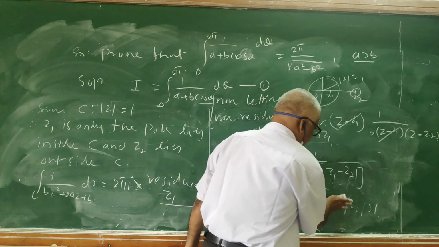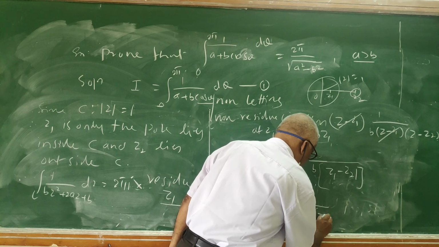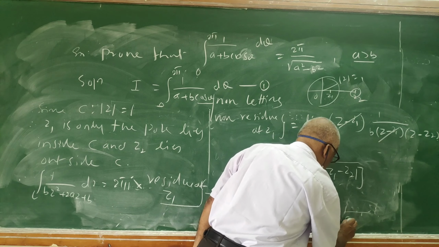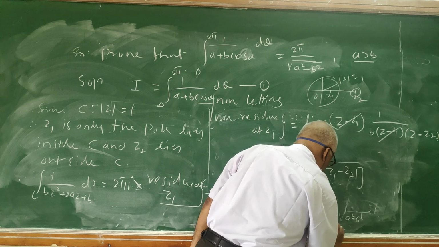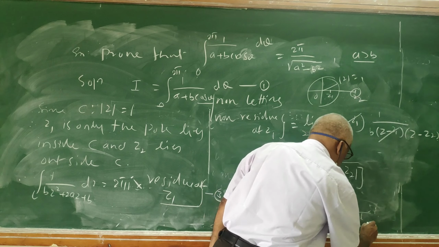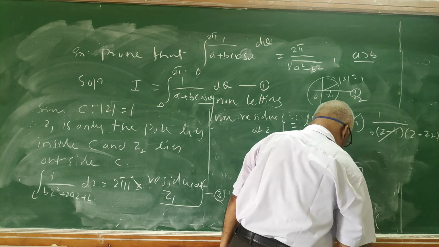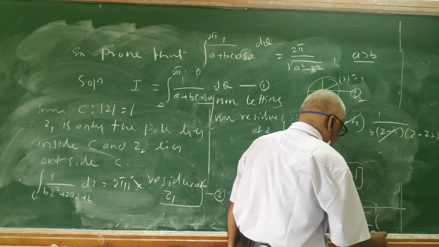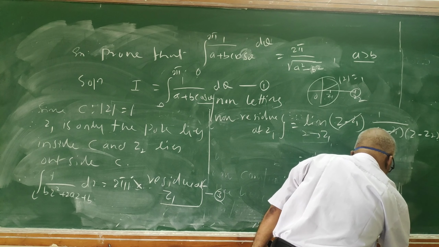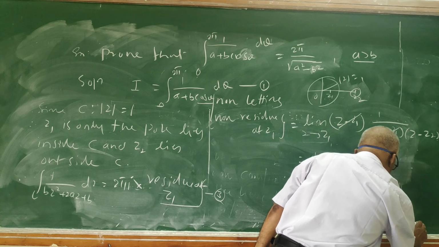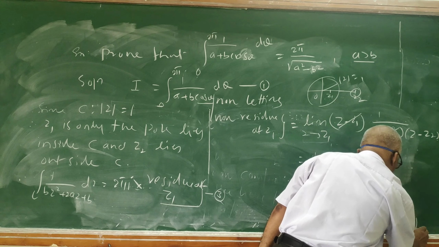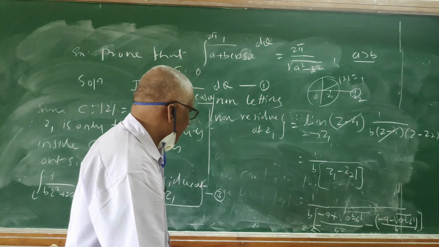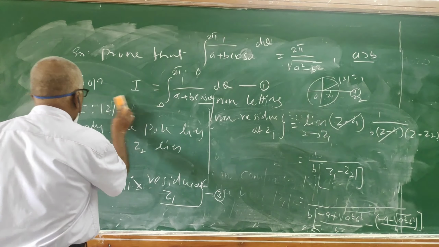Z1 is minus a plus square root of a square minus b square divided by b, minus, what about Z2? Z2 is minus a minus square root of a square minus b square divided by b. Close the bracket. So I will convert here.